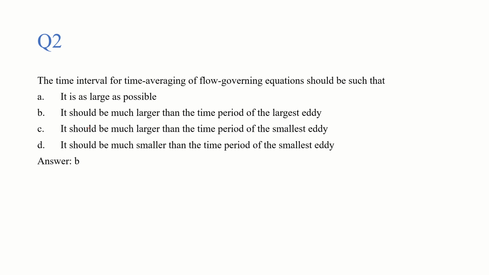So that is the case. If we take the largest eddy and the smallest eddy, and we capture this phenomenon completely in the time interval, then the fluctuation is completely captured and put into the time averaged flow equations.